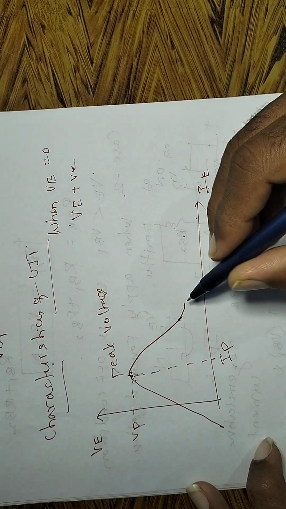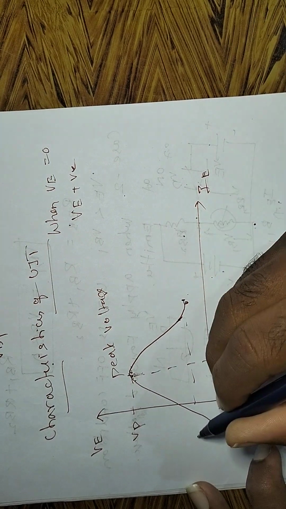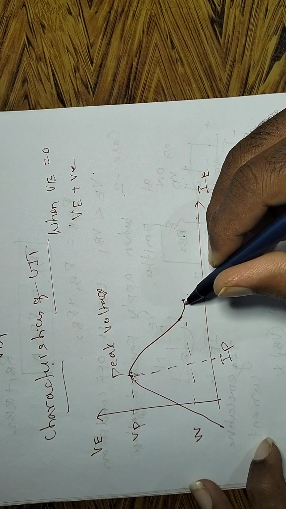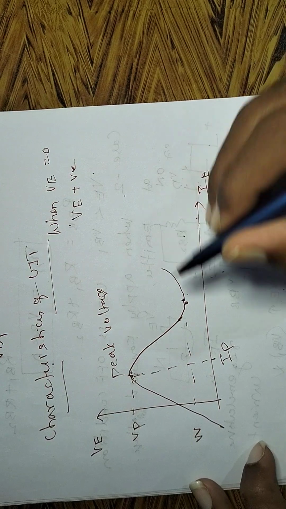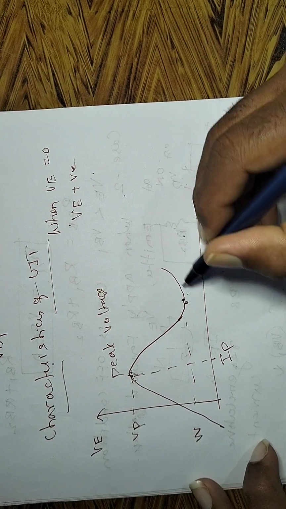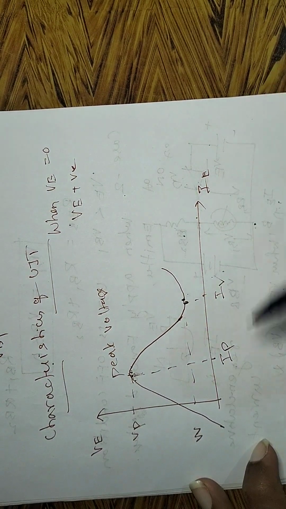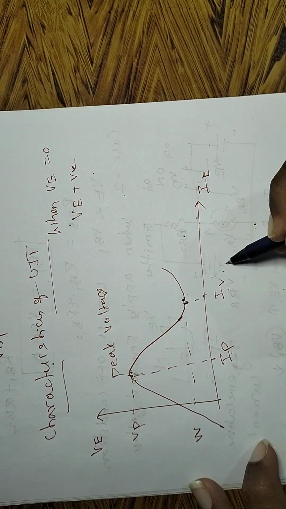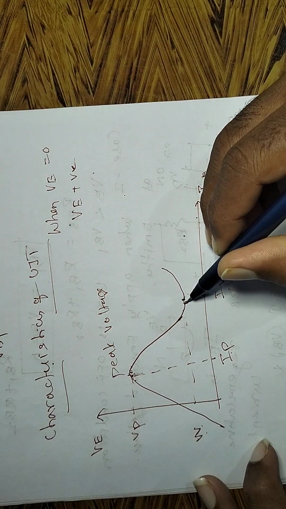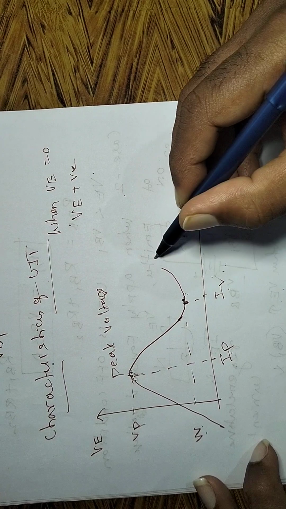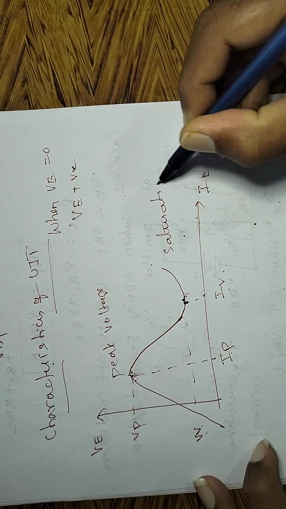Thereafter this is the valley point. Then again it starts like this. When the emitter voltage reaches a certain voltage, it becomes saturated. This is IV. This point is IP and this point is IV, and here this point is the valley voltage. After that, the region between this point and this point is the saturation region.